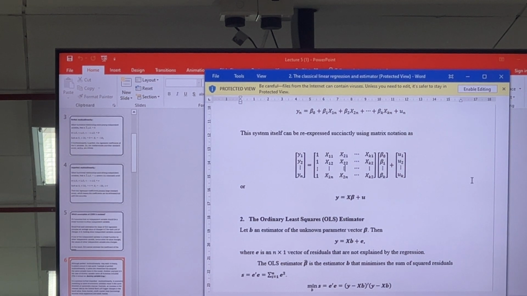Let's say the first person has the highest education level of primary, so this one is one, this one is zero for secondary school.